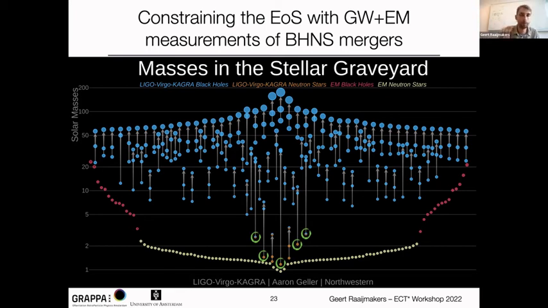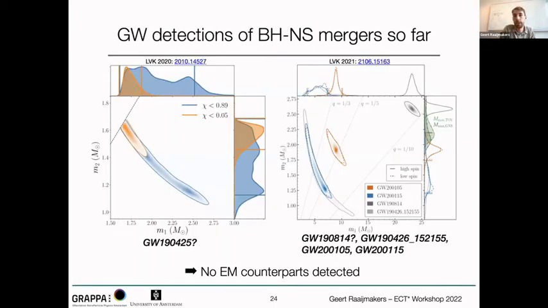And so I'm showing this very, I think by now quite famous plot. These are all the mergers that LIGO has detected so far. And I highlighted sort of the ones that are mostly interesting for us, looking at black hole neutron star systems. So these are potential or confirmed black hole neutron star mergers.